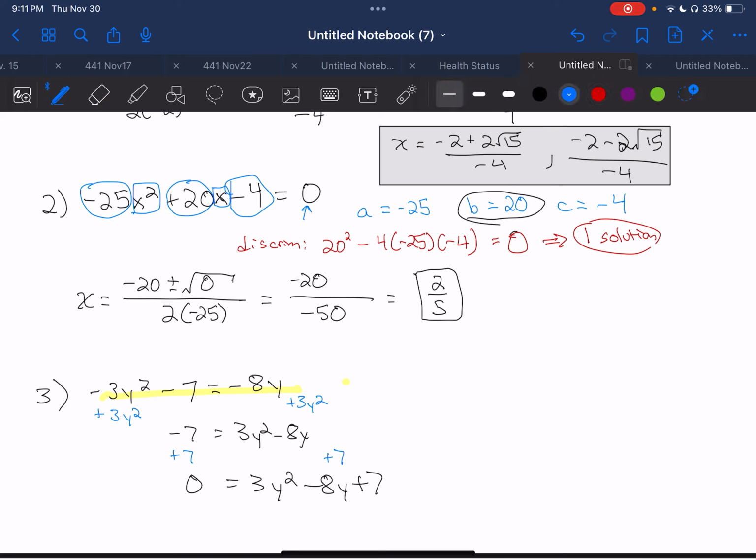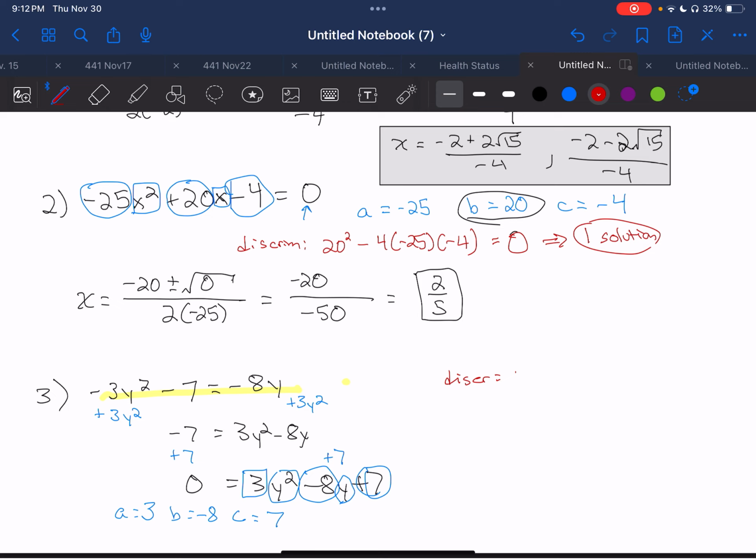All right, so A, B, and C. Look for my squared term, take the number on it, positive 3. Look for my y term, take the number on it, negative 8. Look for my constant term, take the number with the sign, positive 7. Now I can get my discriminant.